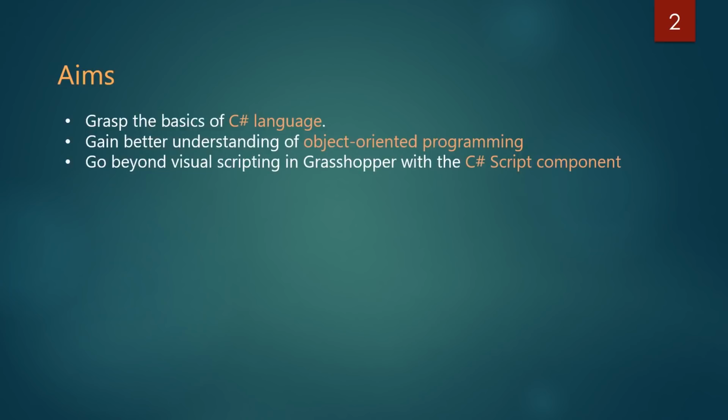This will allow you to implement certain logic that is not possible or extremely inefficient to achieve with just the visual programming in Grasshopper. You will become familiar with the Rhino Common Library. The Rhino Common Library is the programming library we will use to access all the features of the Rhino geometry engines, both in Grasshopper and in Rhino.